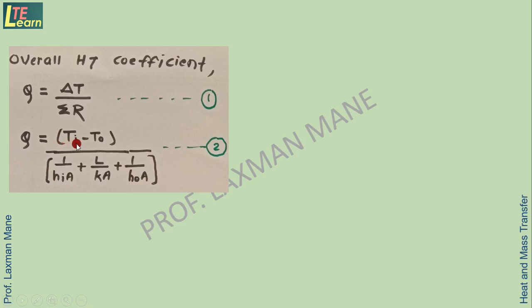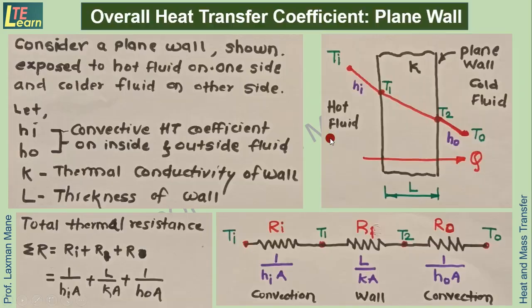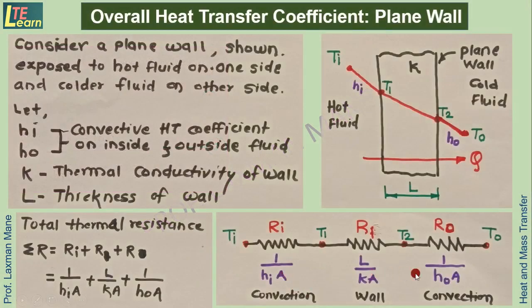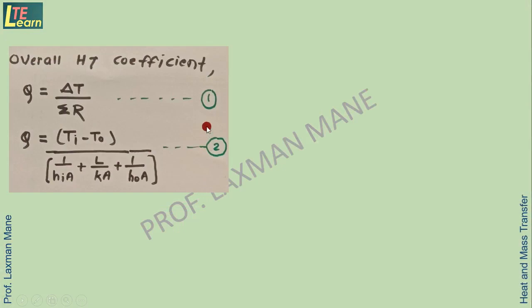So hot fluid temperature is Ti, cold fluid temperature is To, which is shown here in the figure, divided by summation of R. This sum of resistances is already taken from the last slide. So we will call this equation number 1 and 2.